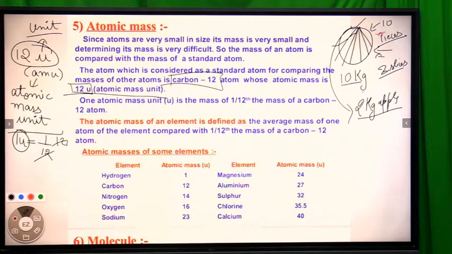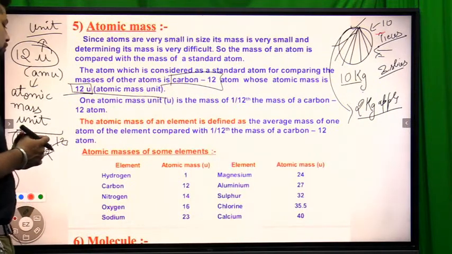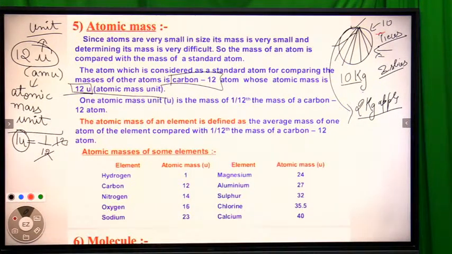Now the atomic masses are given: hydrogen has 1 mu, carbon 12 mu, nitrogen 14 mu, oxygen 16 mu, sodium 23 mu, magnesium 24 mu, aluminium 27 mu, sulfur 32 mu, chlorine 35.5 and calcium 40 mu.